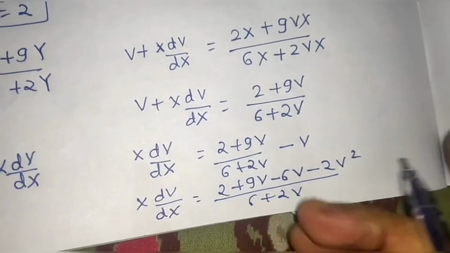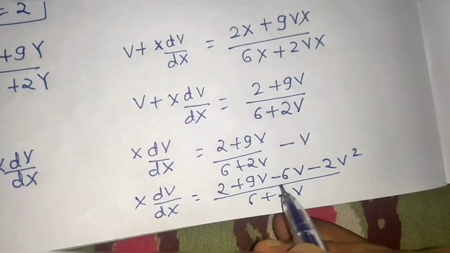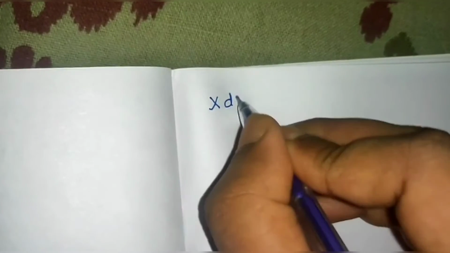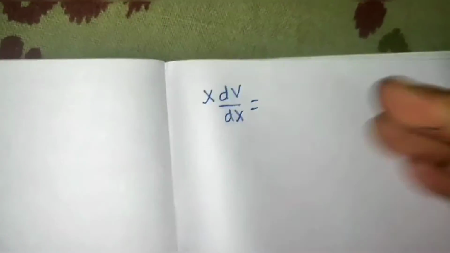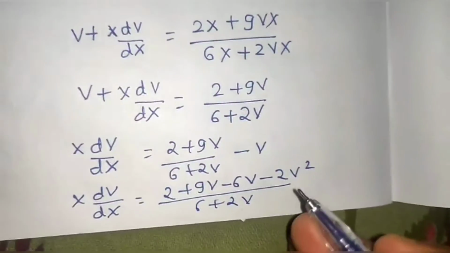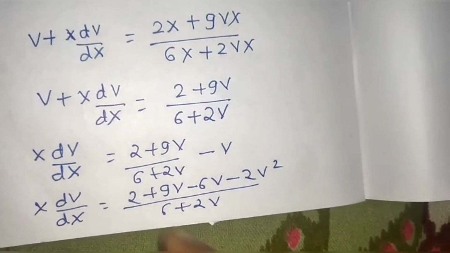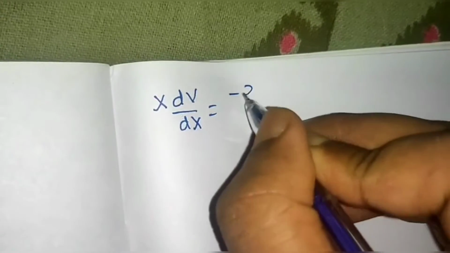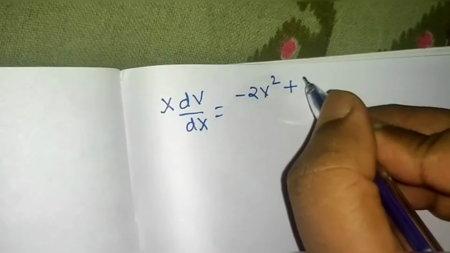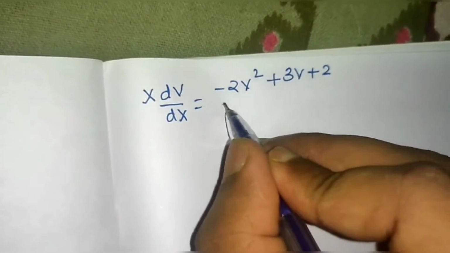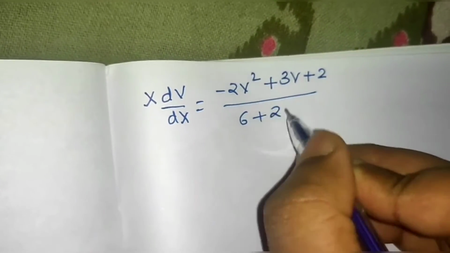So as you can see, you are getting x dv by dx equals, in numerator, minus 2v square plus 3v plus 2, divided by 6 plus 2v.